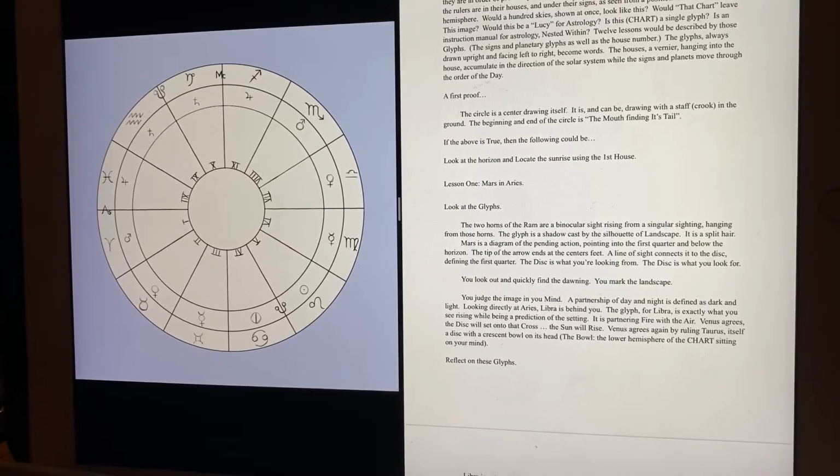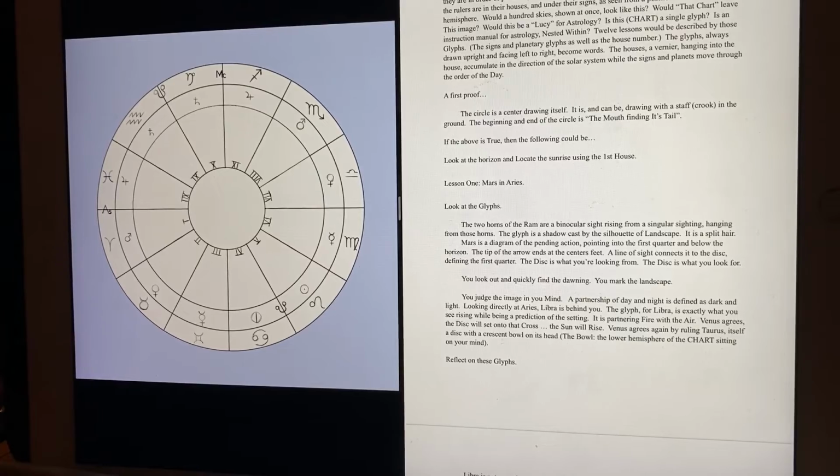Is this chart a single glyph? Is an instruction manual for astrology nested within? 12 lessons would be described by those glyphs. The signs and planetary glyphs, as well as the house number. The glyphs always drawn upright and facing left to right become words.